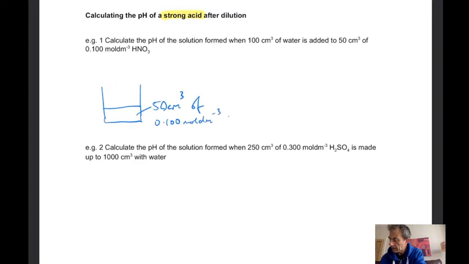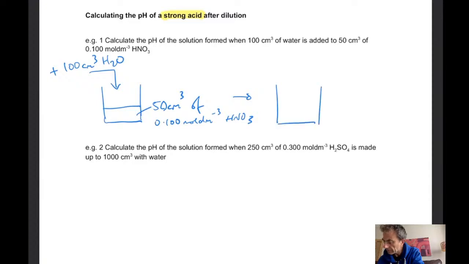Okay, and then what's happened is they're adding to that 100 cm cubed of water. Okay, so obviously that beaker is going to be a bit more full, isn't it? Let's put it up to there.